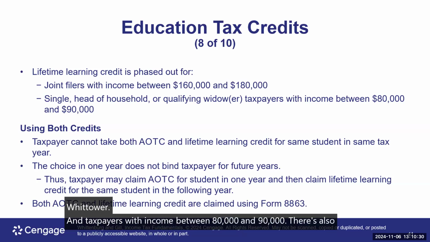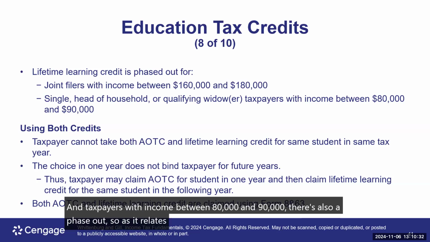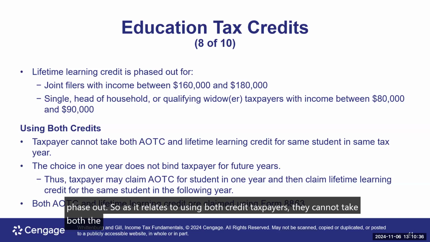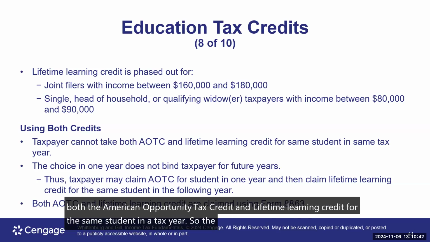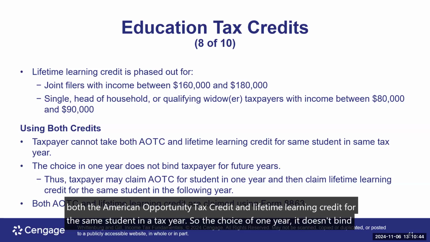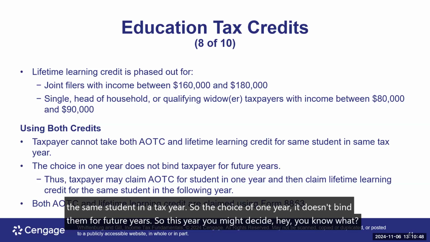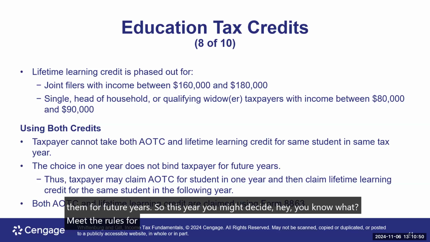As it relates to using both credits, taxpayers cannot take both the American Opportunity Tax Credit and the lifetime learning credit for the same student in a tax year. The choice in one year doesn't bind them for future years. So this year you might decide, I meet the rules for the American Opportunity Tax Credit, and I also meet the rules for lifetime learning.